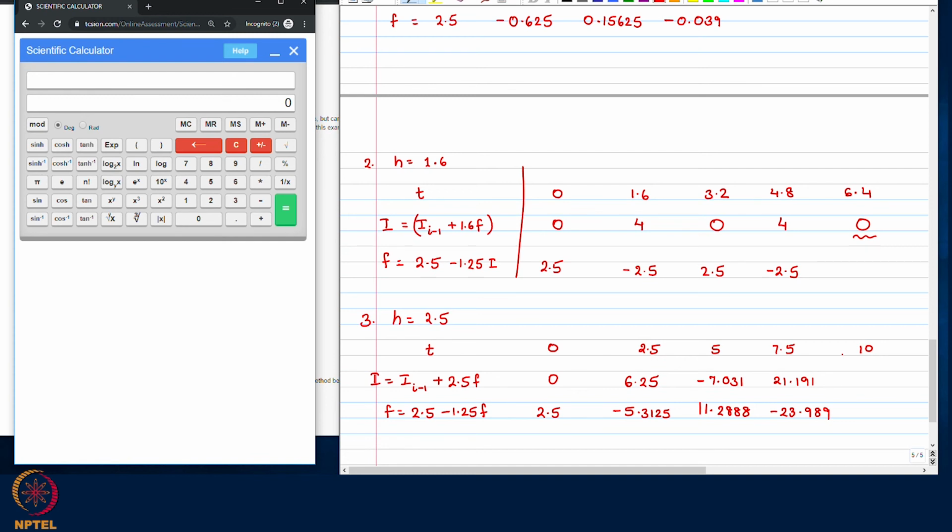And finally, we have 21.191 minus 2.5 into 23.989, which is equal to minus 38.78.